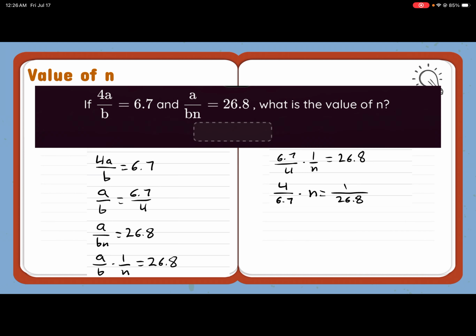So instead of 6.7 over 4, we'll do 4 over 6.7, and we'll turn that 26.8 into 1 over 26.8. That way we'll just divide 4 over 6.7, and then what you'll find is that you'll get 0.0625, which is also just 1 over 16.